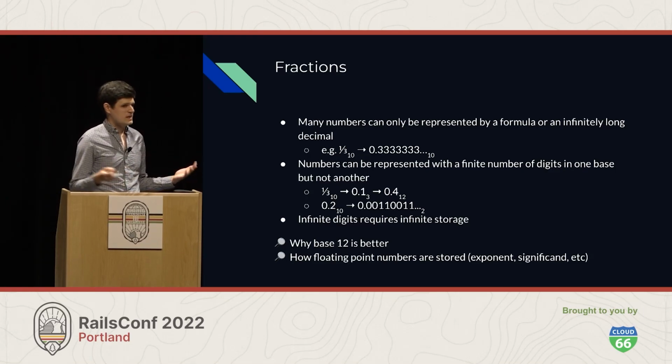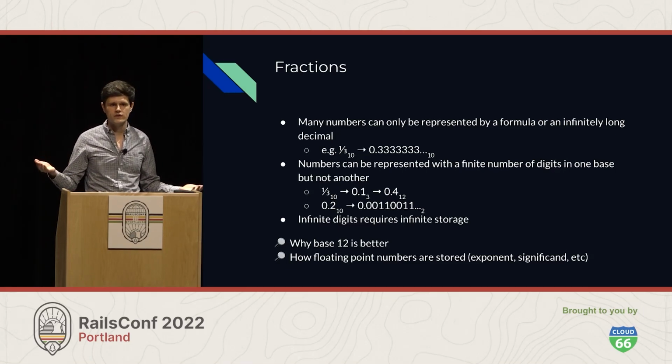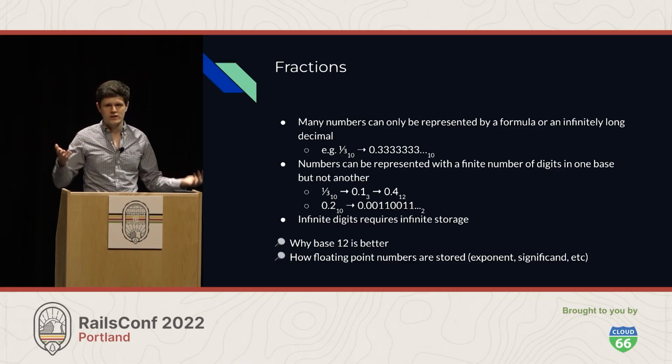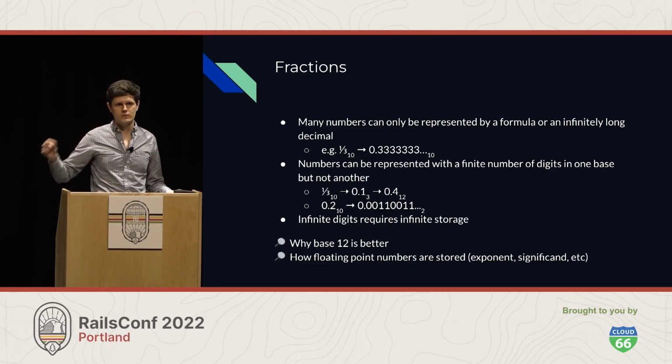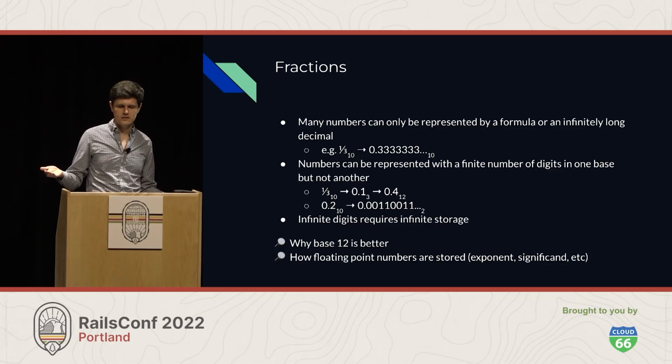We know from base 10 that there are a lot of fractional values that can't be represented in a finite number of digits, like 1/3. We usually just say, oh, 33% or 0.33, but that's not entirely precise. It's an infinite number of 3s after the decimal point.